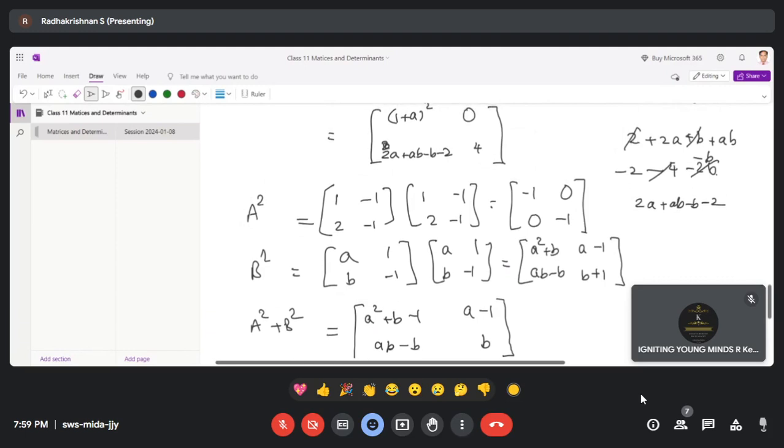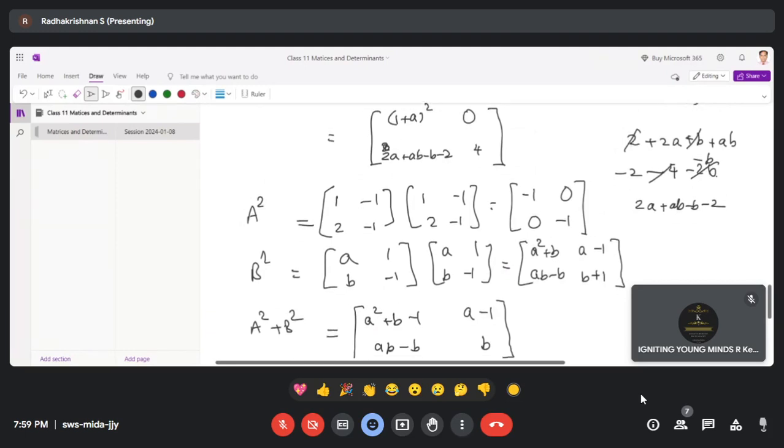Okay. So how can we solve this? We can match the like terms, right? So a plus 1 and 0, they have to be equal. So a minus 1 should be equal to 0 and b should be equal to 4.